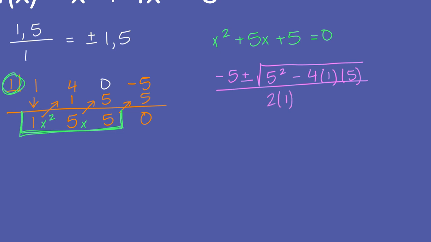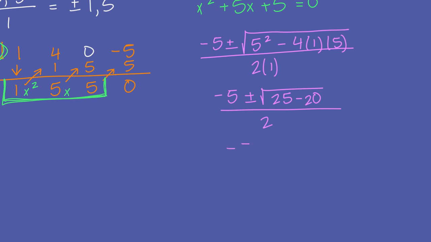Okay, solving this out, I'm going to have negative 5 plus minus the square root of 25 minus 4 times 5, which is going to give me 20, over 2. I'm going to end up with negative 5 plus minus square root of 5 over 2. Can I simplify anything here? No, I cannot.